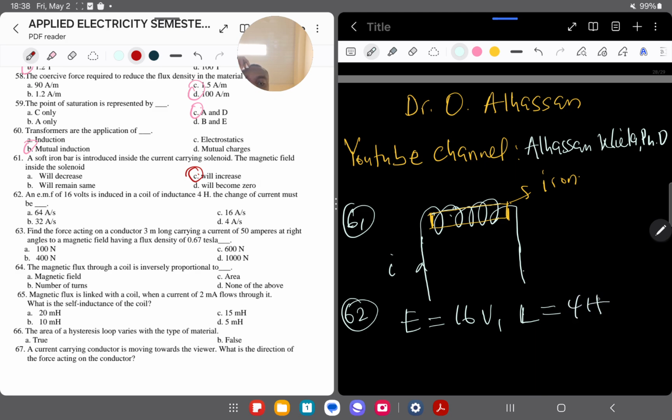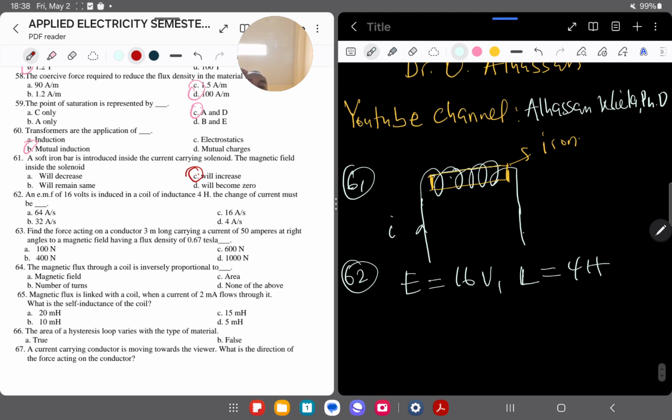So we have to find the change of current. Here we try and write the formula for the voltage across an inductor. If you know the formula, that becomes easy. But if you don't know it, it is similar to what I've just written here.